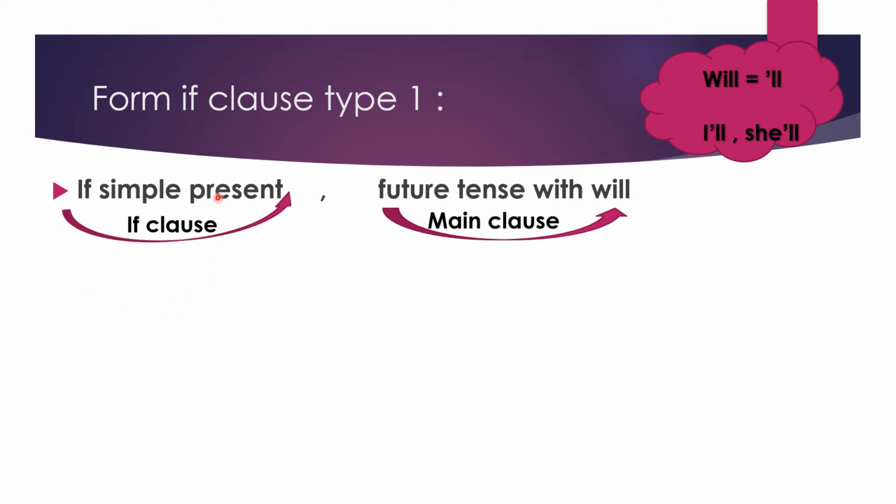So in the if clause بالجملة الشرطية we have to use the simple present tense, and in the main clause بجواب الشرط we have to use the future tense. And we mean by the future tense, yes, the sentence with will. إذن will يا miss indicates the future tense اللي هي بتكون بجواب الشرط.